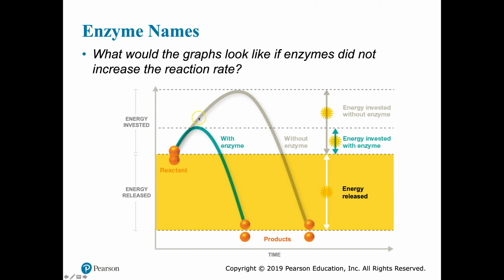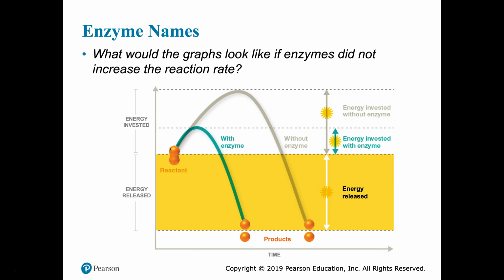Notice the gray line, we need all this energy to start the reaction without an enzyme. Toss in an enzyme, now we need significantly less. So that's how we, as well as bacteria, speed up chemical reactions, by adding an enzyme. And it lowers the activation energy.